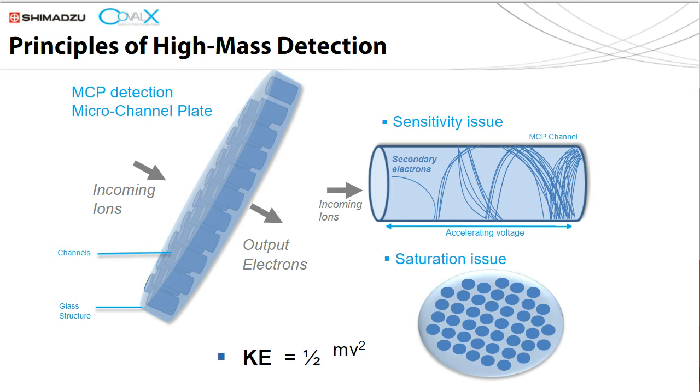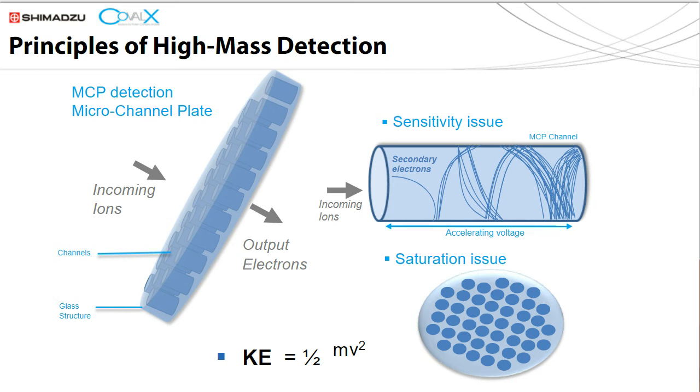Here we see on the left a crosscut of an MCP or microchannel plate detector, which is many tubes, many microchannels attached together to create this plate. And on the bottom right, we see a front view of one of these microchannel plate detectors, a cartoon of it.